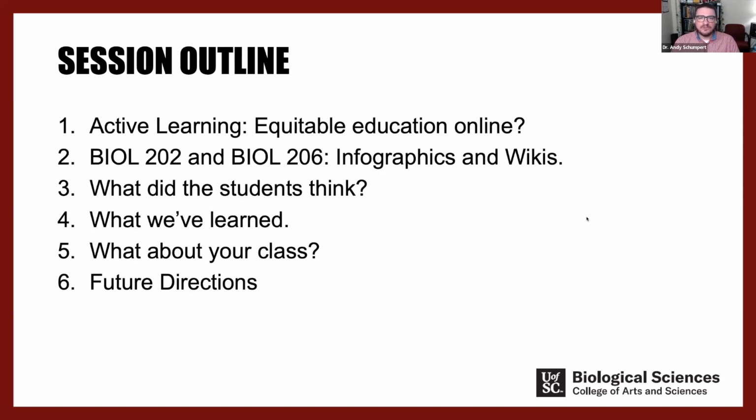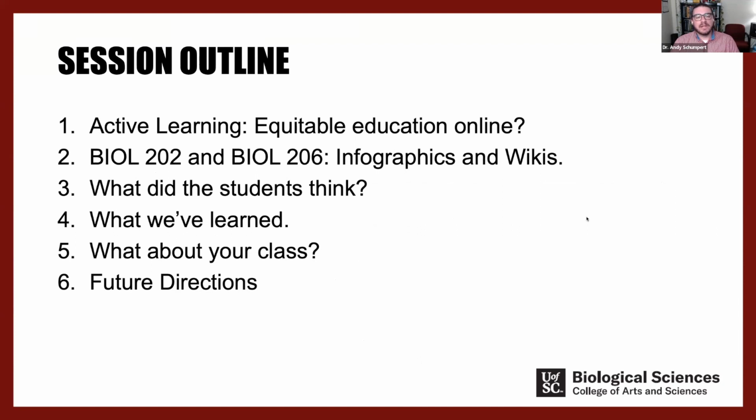And so we'll start off with a little bit of background on active learning in general, and its tie-in with equity in higher education, something that we should all be well aware of and striving towards today. And we'll look a little bit at each course, Biology 202 and 206, and how we've implemented an active learning strategy in an asynchronous online course.